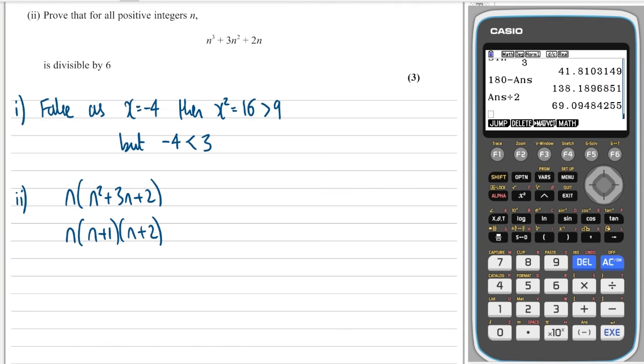And then you'll need to write that this is a product of 3 consecutive numbers. And that's because we've got n, and then the next one is n plus 1, and then n plus 2.